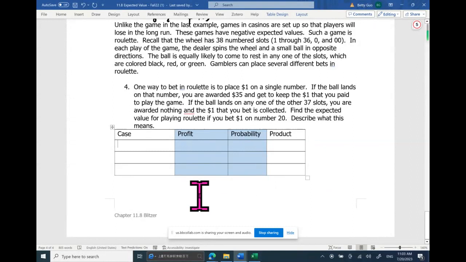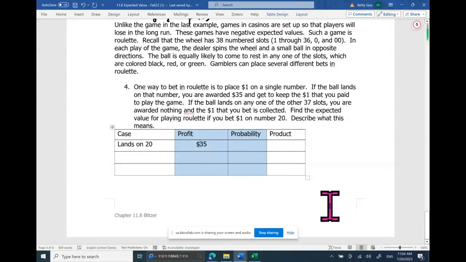One way to bet in roulette is to place $1 on a single number. So here we place $1 on number 20, right? If the ball lands on number 20, you win $35. You do not spend the $1, they will return it to you.